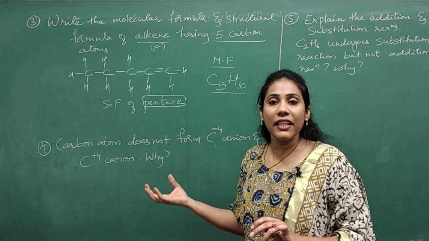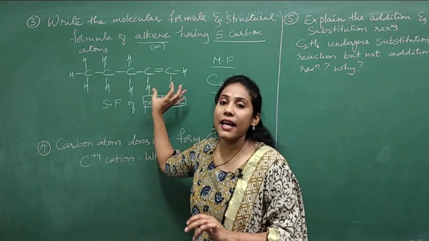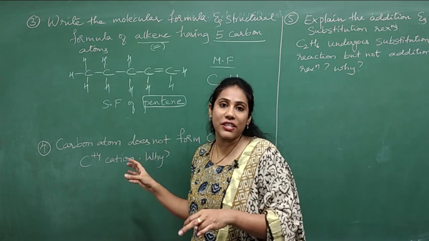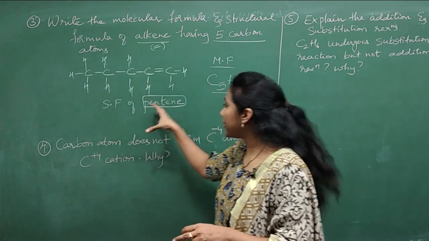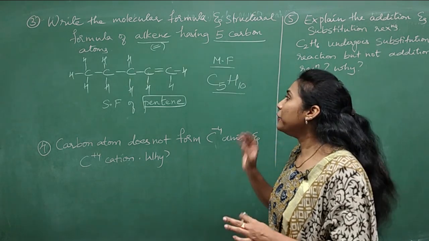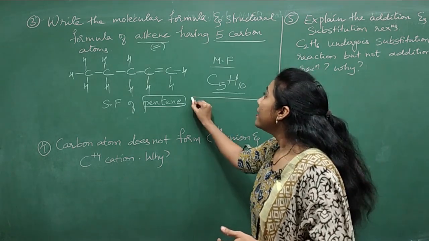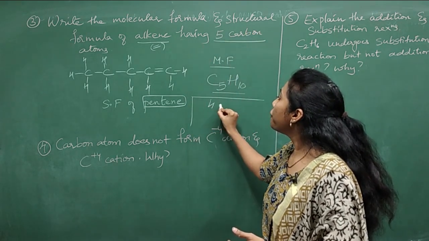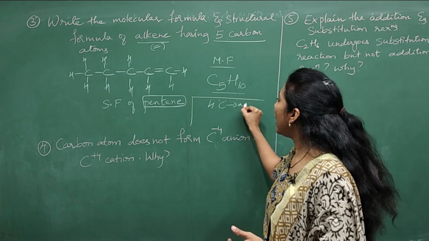Alkyne variety, if they ask, put a triple bond at the last carbon. See how many carbon atoms the compound contains. So carefully you have to write the structural formula and molecular formula. Right? Okay. One homework for you here: write the structural and molecular formula for a 4 carbon containing alkyne.